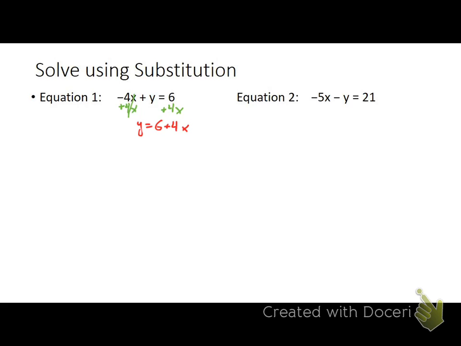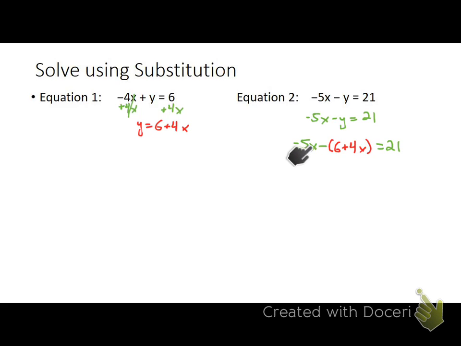I'm going to try to be a little bit color-coded. I've got -5x minus y equals 21. And now we're ready to substitute. I can take this 6 plus 4x, and since it's equal to y, I can substitute in for y in the other equation. So I still have -5x minus y, which is 6 plus 4x, equals 21.